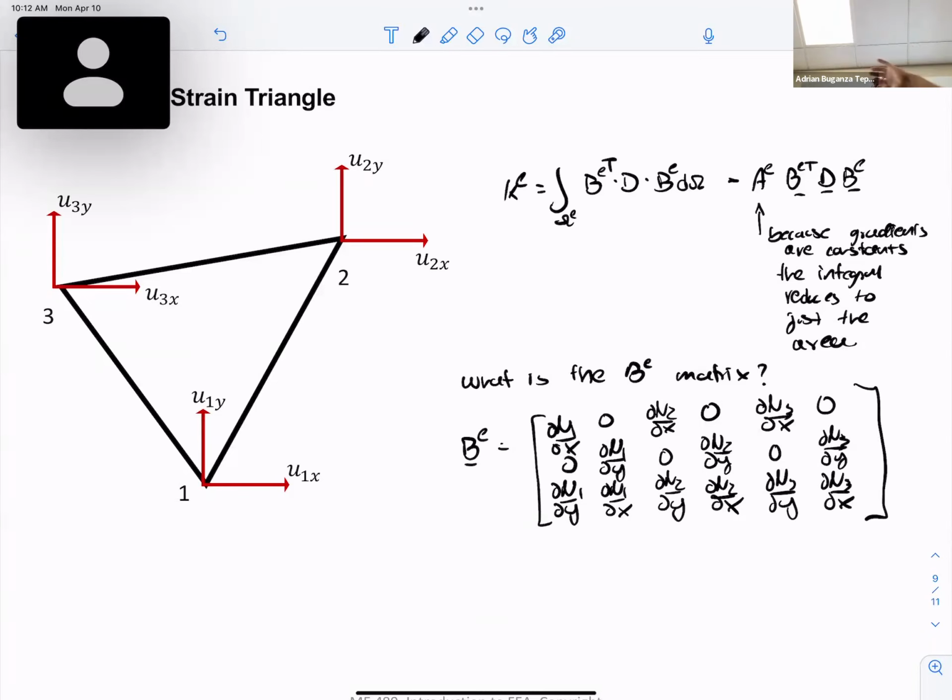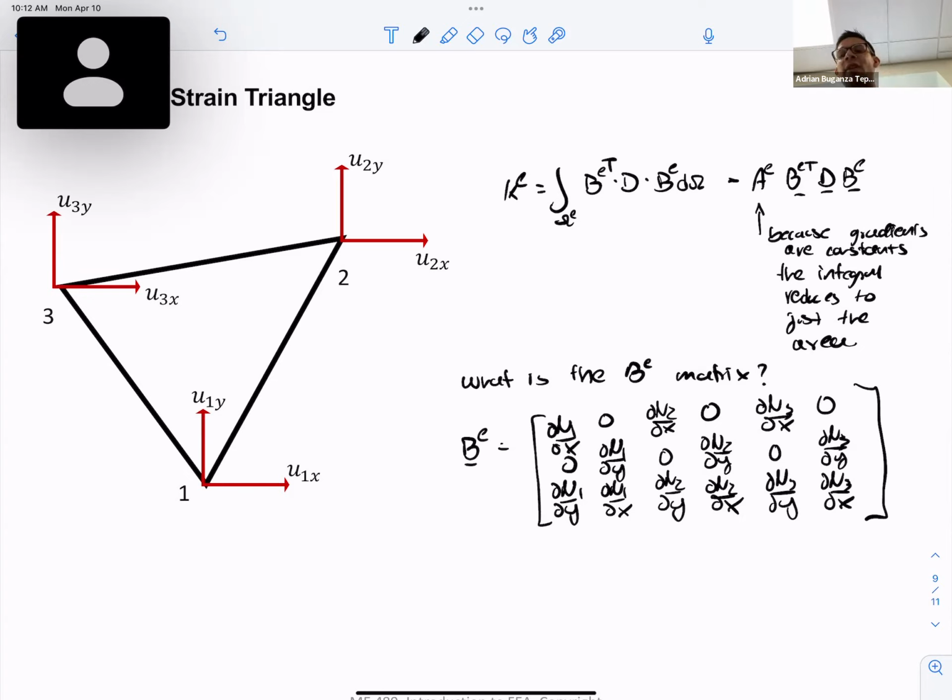And I don't know what the first shape function looks like, but for the linear triangle, you can just go and look at what the different shape functions are, and you can take the derivatives. And actually, the derivatives are not too bad.